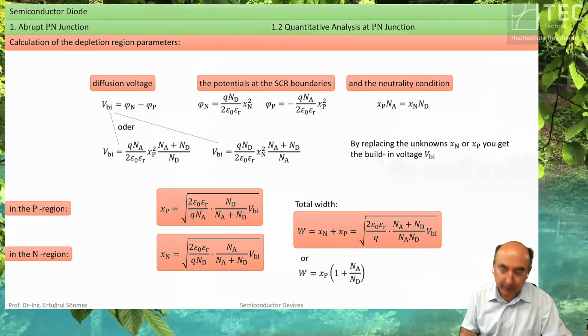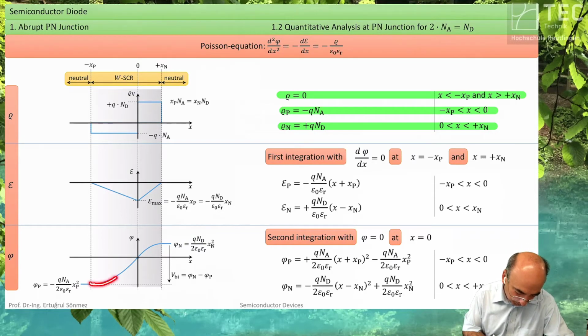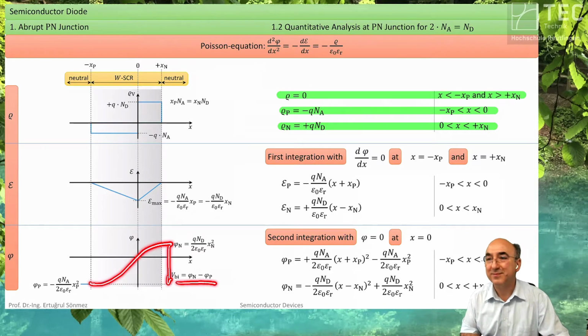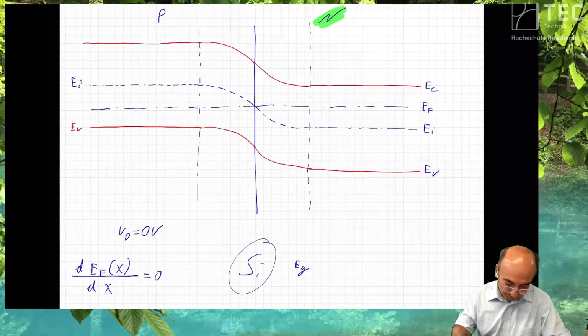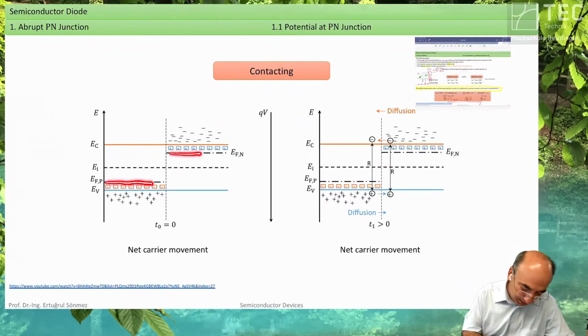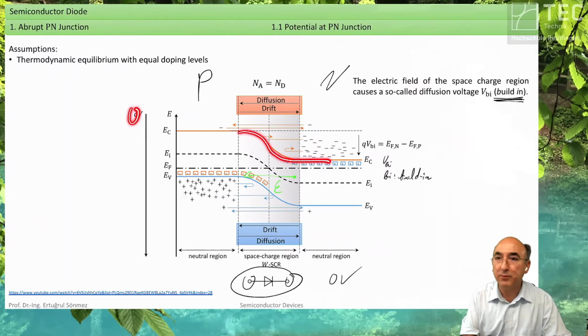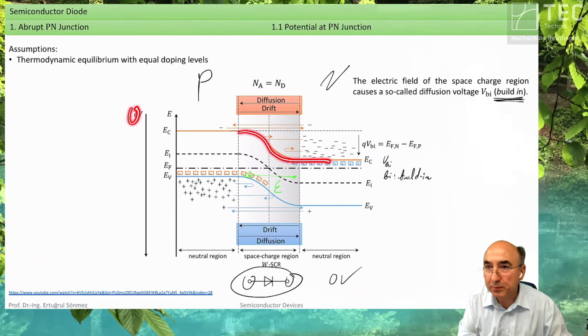Yeah, we have calculated that. What is the built-in voltage? Yeah, the built-in voltage is this. Yeah, band bending, you know, from the beginning. So the band bending, just to repeat, just to have this in front of you, the distance in the Fermi level is now this bending, and this bending is, except for Q, the built-in voltage.